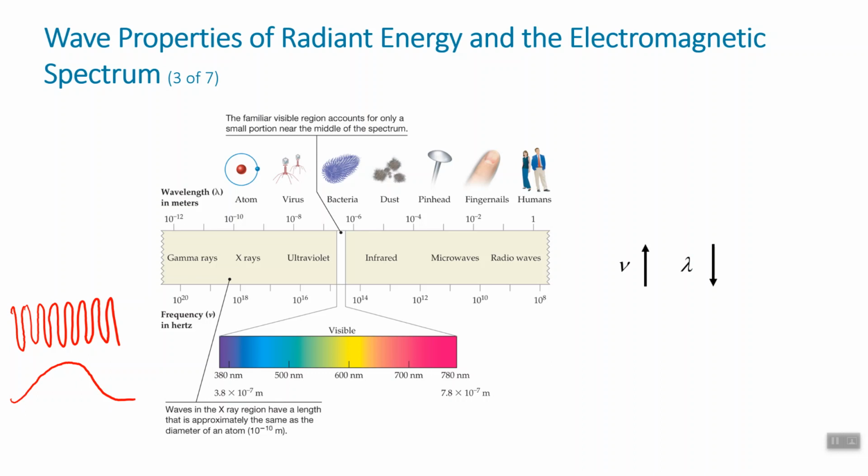So in the spectrum of light, the short-wavelength side refers to high energy, because you have to do a lot of little ups and downs in a little bit of time. And the long-wavelength side refers to low energy, because it can take its time and go at a slow wave. So this side is low energy, and this side is high energy.